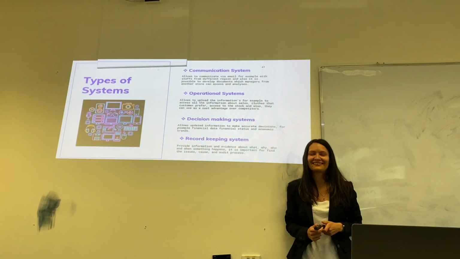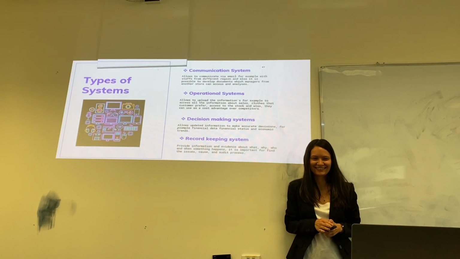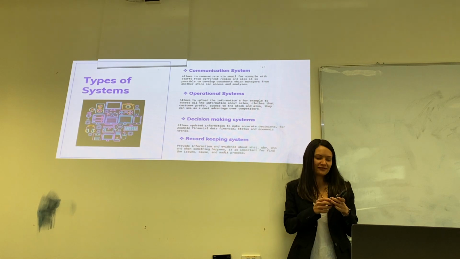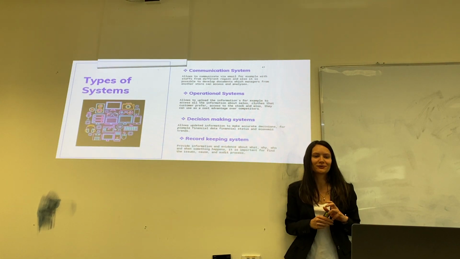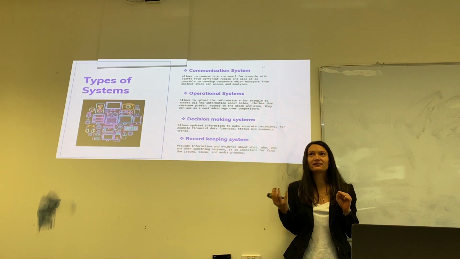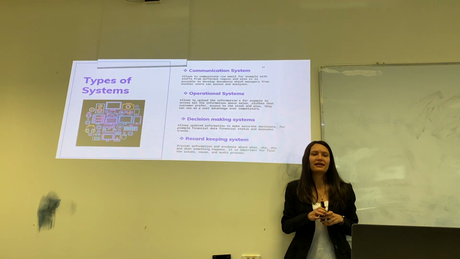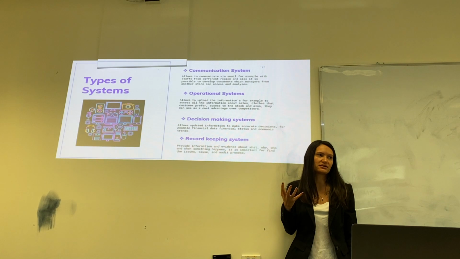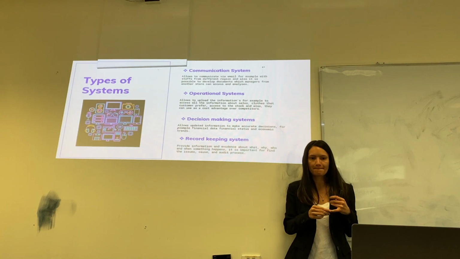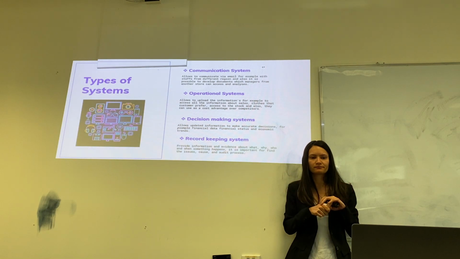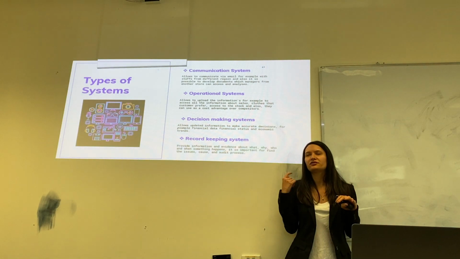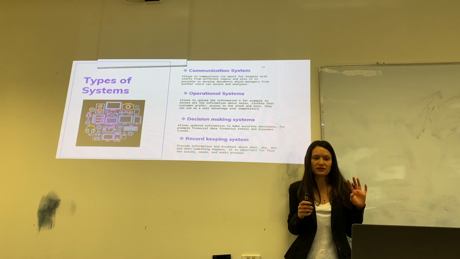The decision-making system allows the managers to make accurate decisions because they can access the communication and operational systems, and then they can give the analysis. They can see the trends, economic trends and things like that.